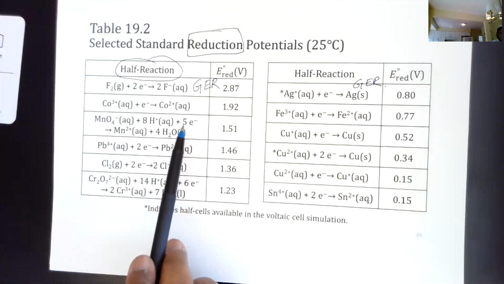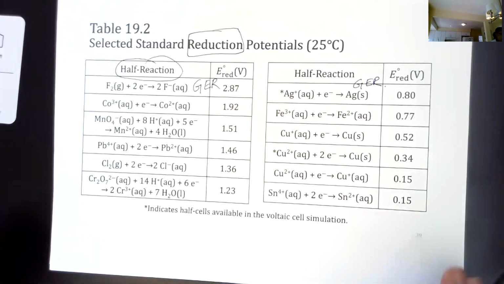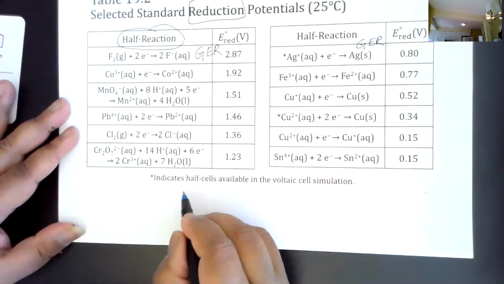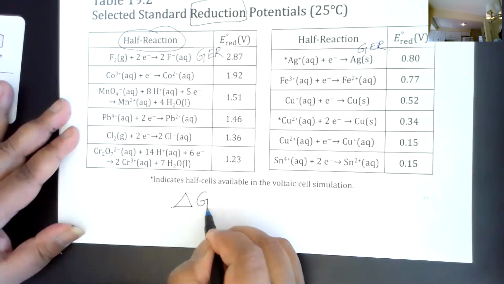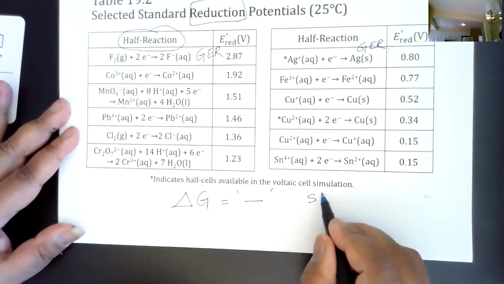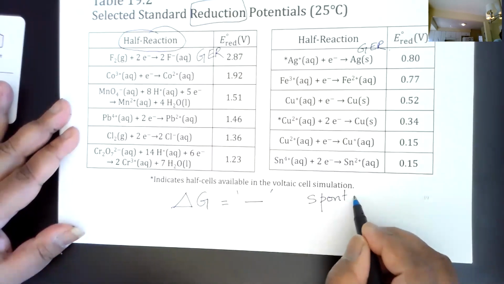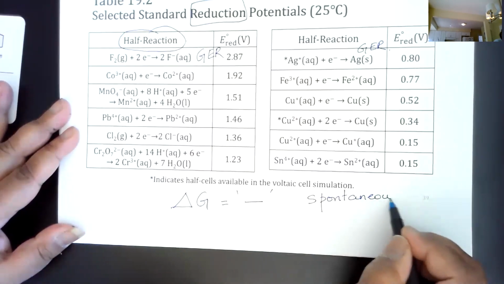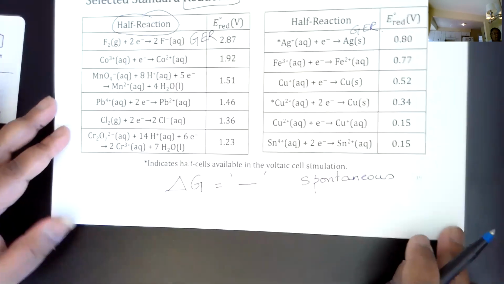So you have all the electrons on the reactant side. Now, I did tell you delta G has to be negative for a reaction to be spontaneous. All right.